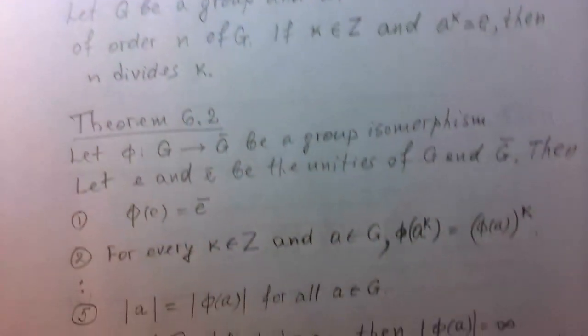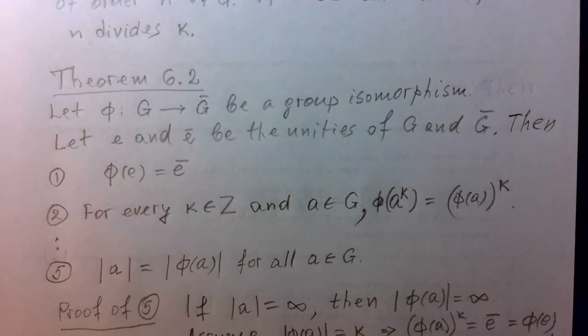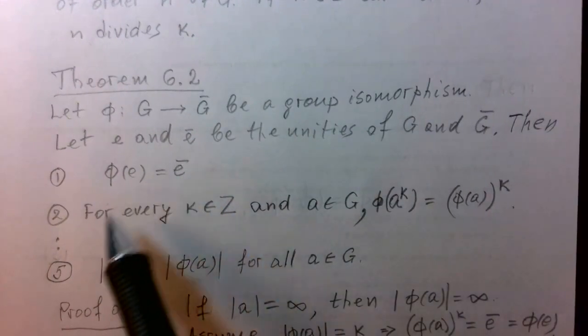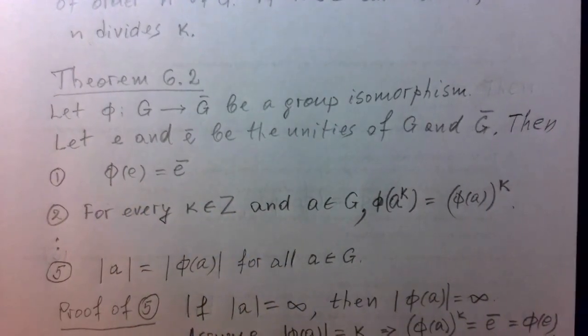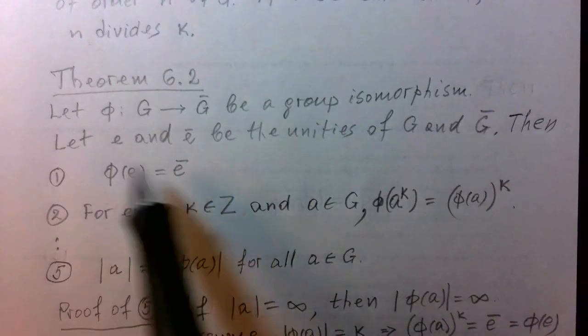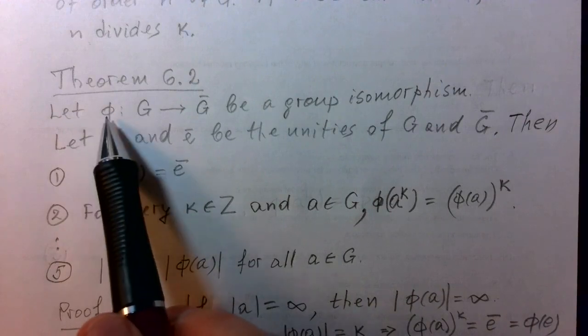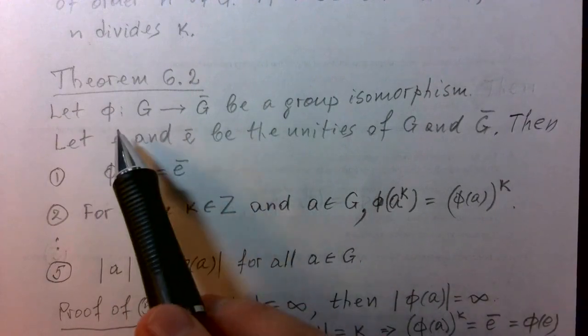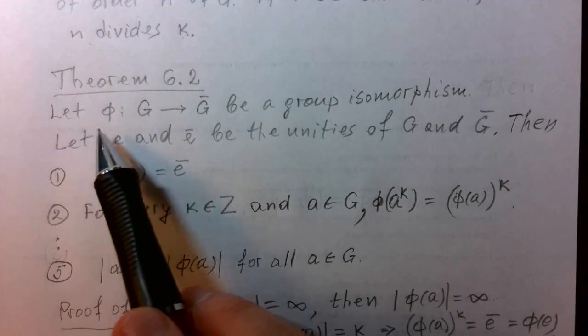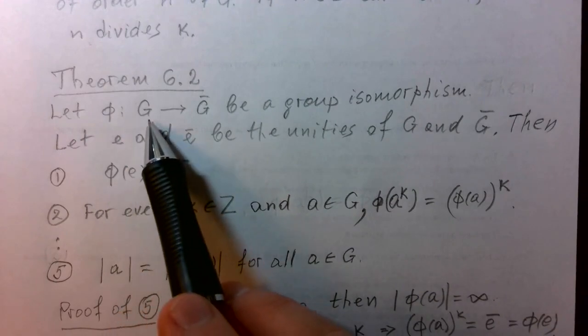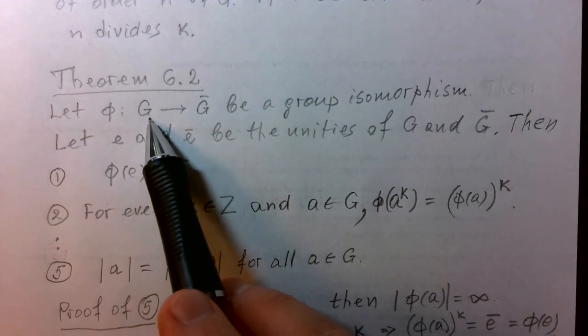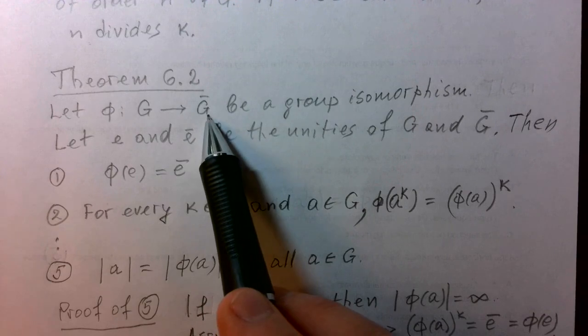Now we continue with theorem 6.2. Our goal is to prove property 5. Theorem 6.2 says this: let phi be an isomorphism from the group G to the group G bar.